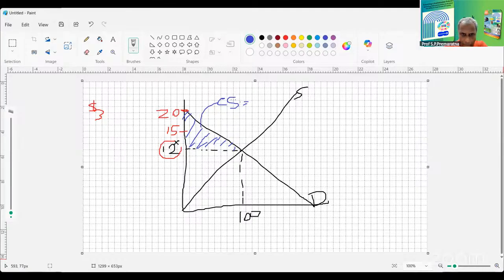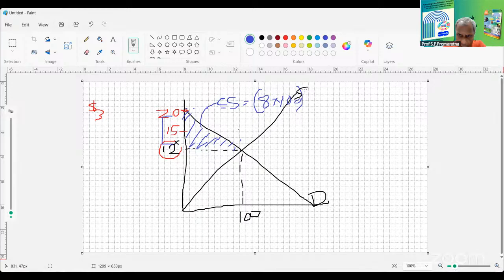Now, in this case, since the demand function is linear, we can easily calculate it. The difference between 20 and 12 is 8. The difference here is 0 to 100, so 100. 8 multiplied by 100, and since it is a triangle, we need half of it.